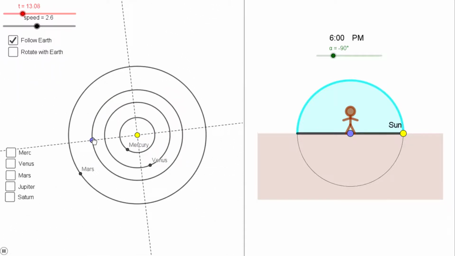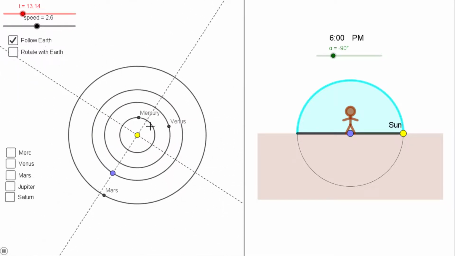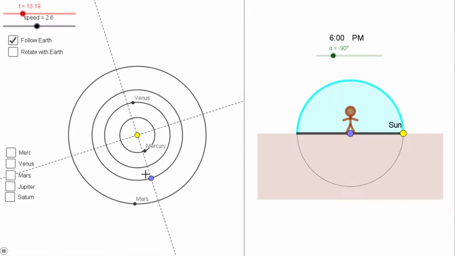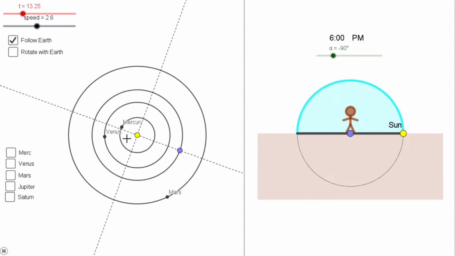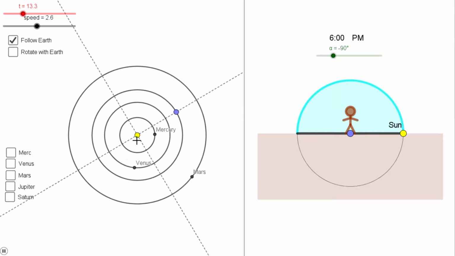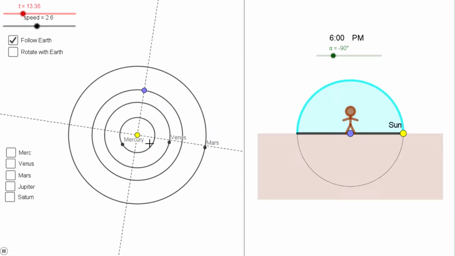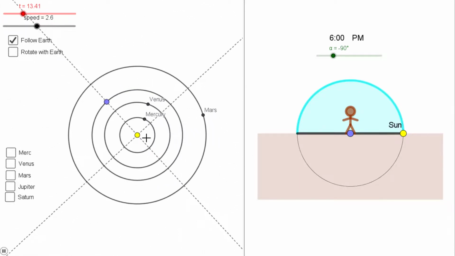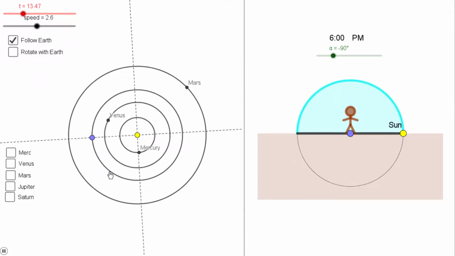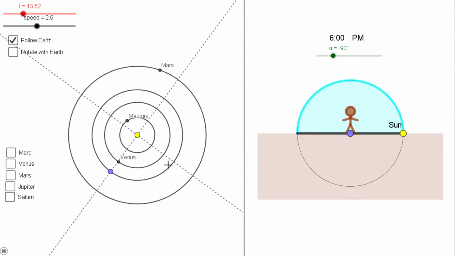So if we're on the Earth here, notice that Mercury and Venus are both in the more or less general direction of the sun, except they're oscillating back and forth ahead of and behind the sun here. And here comes Venus going across the line.